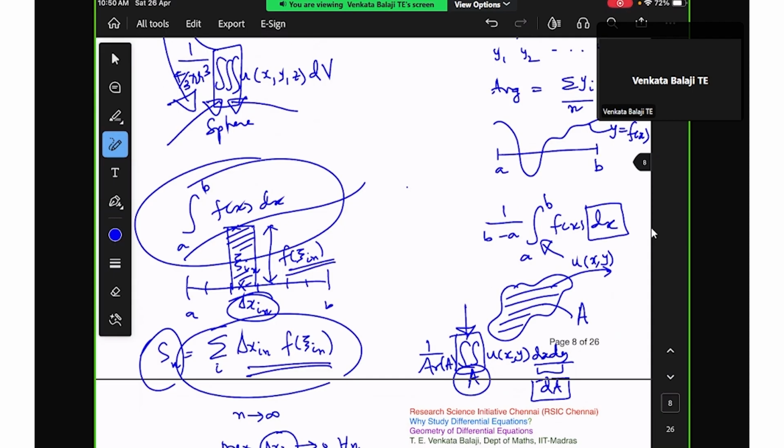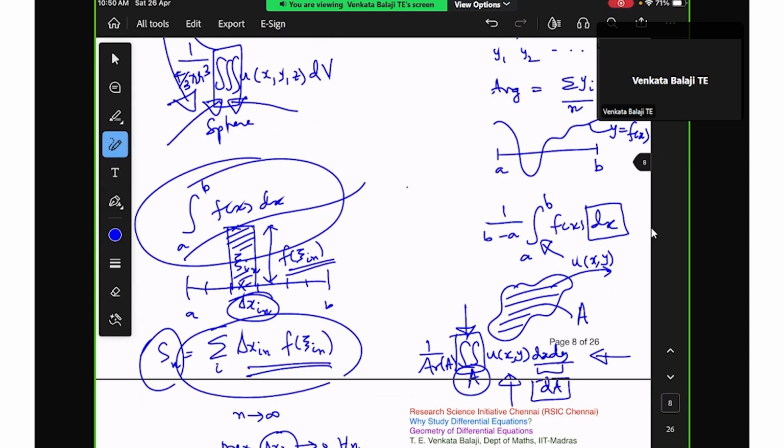Now, you can imagine this is a one variable integral. If you do a two variable integral, the graph will now be a surface, and this will give you the volume of the surface above the xy plane. So this is volume.